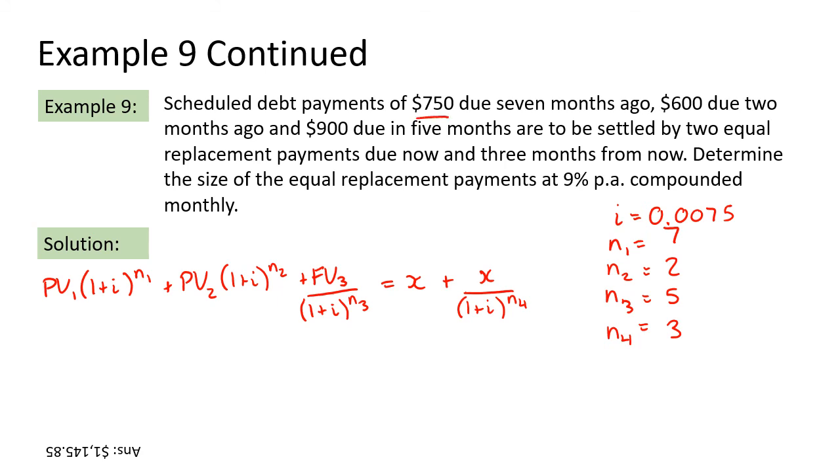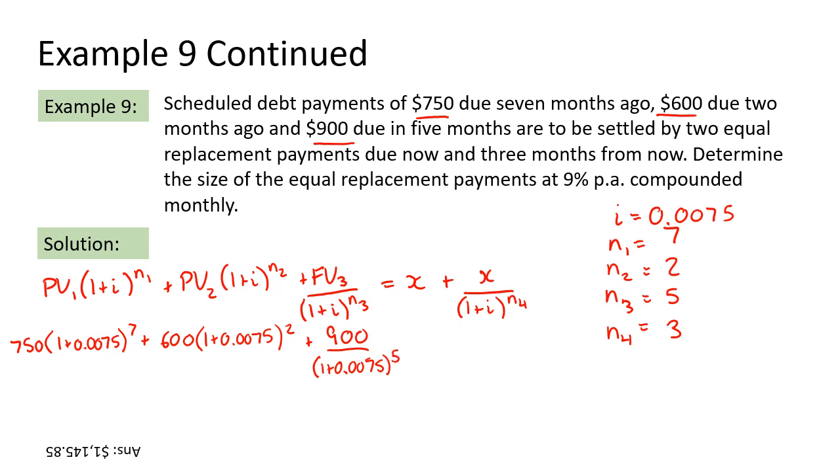The first payment given in the question was $750, so we get 750 times 1 plus 0.0075 to the exponent 7, plus our second payment, $600, times 1 plus 0.0075, and that was to the exponent N2, our second compounding period, 2, plus our third one, which is a future value, remember, because it was 5 months ahead of today, and that was $900 provided in the question, divided by 1 plus 0.0075, and that's to the exponent 5.